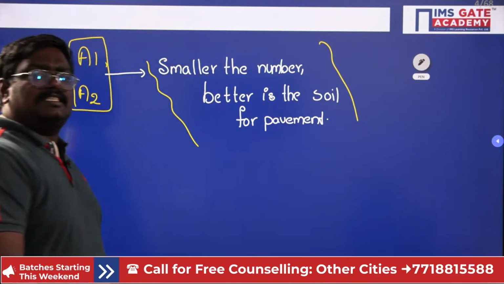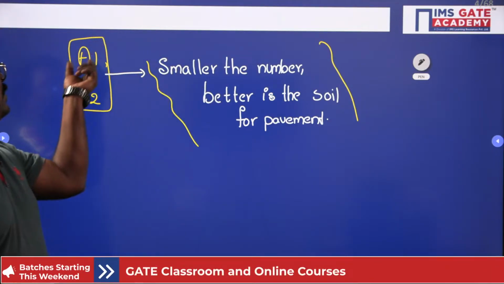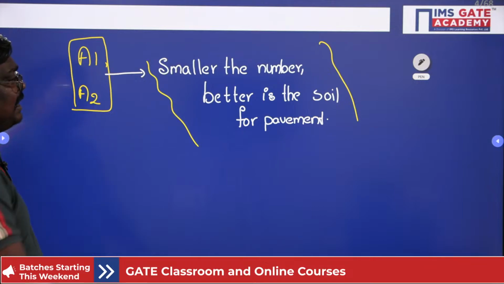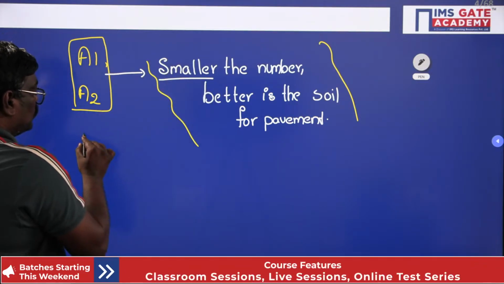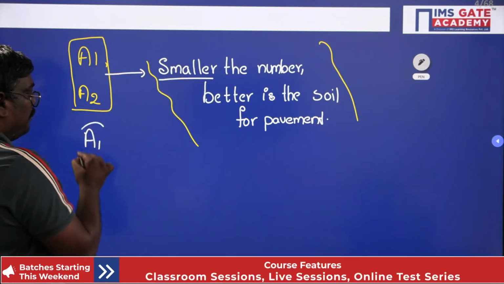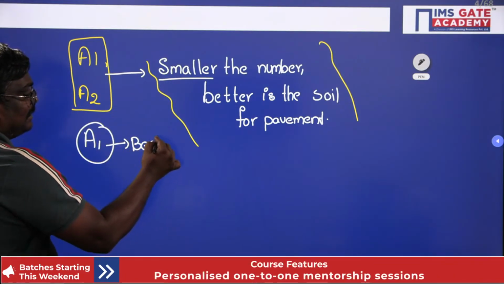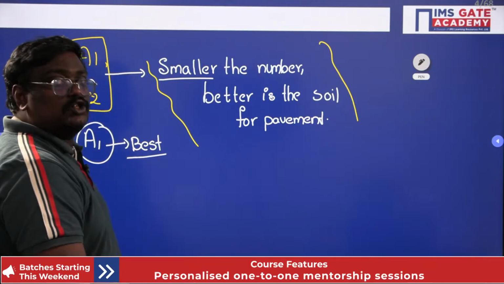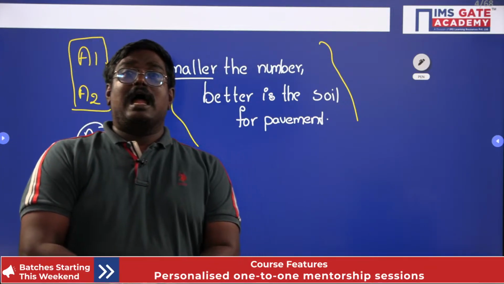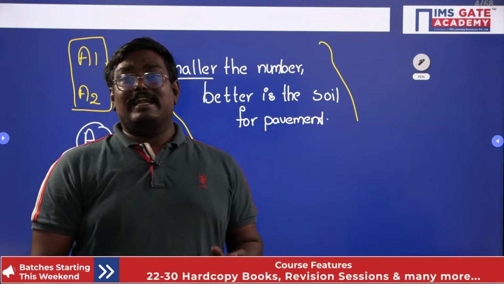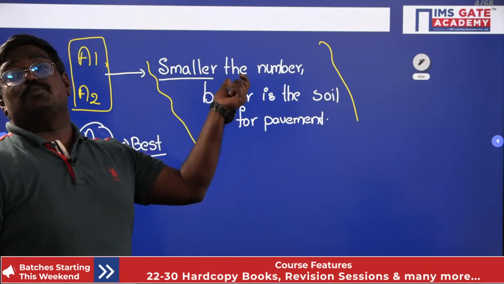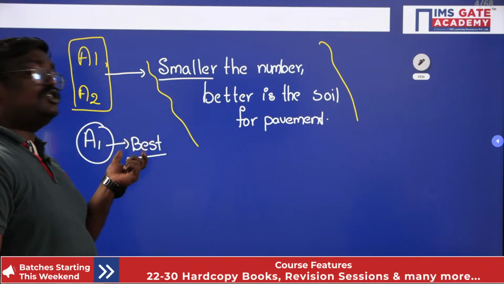Now tell me which is the best soil, Srujana? Is it A1 or A2? So definitely the smaller number is better. So A1 is the best soil. So they have classified the soil into 7 groups, and in those 7 groups, whichever is smaller in number, that is the best soil for pavement.